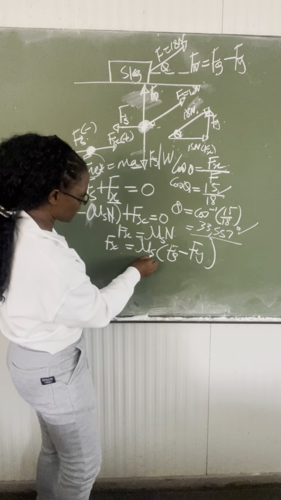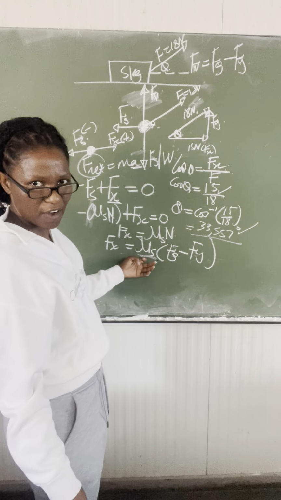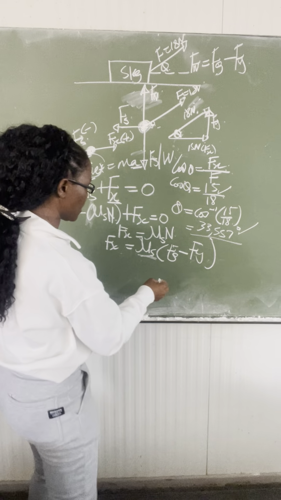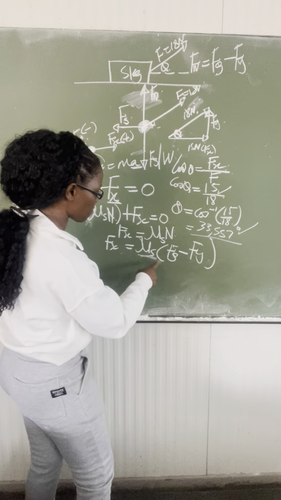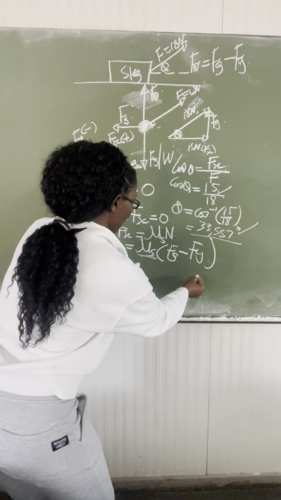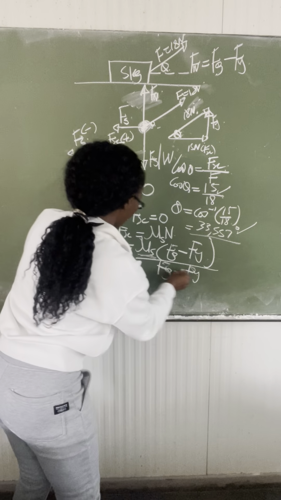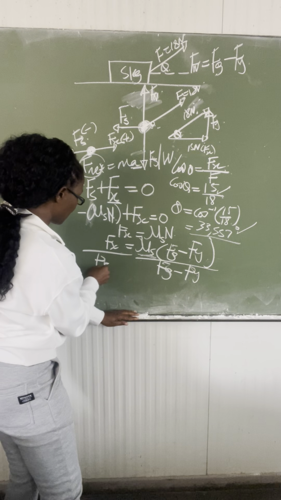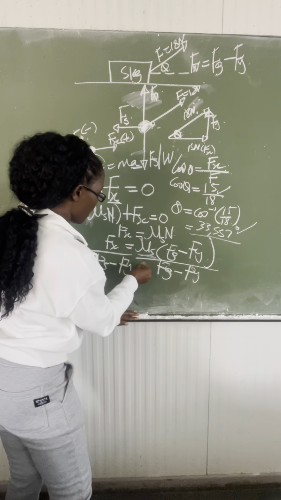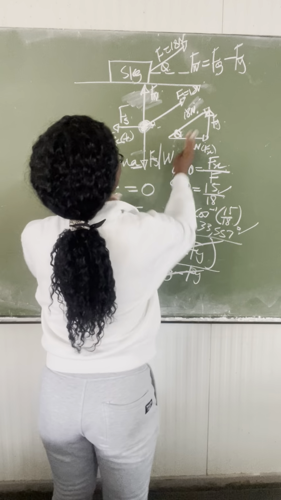Mind you, this is what we are looking for. Since we're looking for this, let's divide everything by the gravitational force minus your Fy, so that this will cancel that.